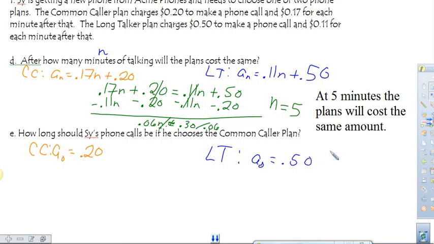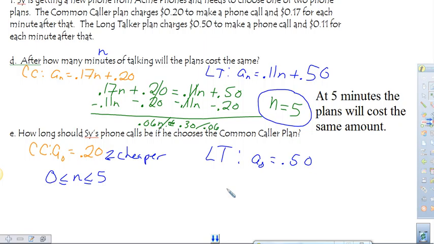So right away, at the beginning, this one is cheaper, right? But after 5 minutes, they're going to swap places. So this one's only cheaper if I talk between 0 and 5 minutes. That's the only time that it's cheaper, because after 5 minutes, the other one is going to be cheaper.